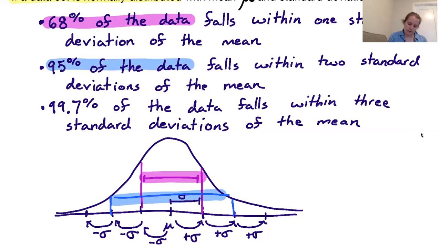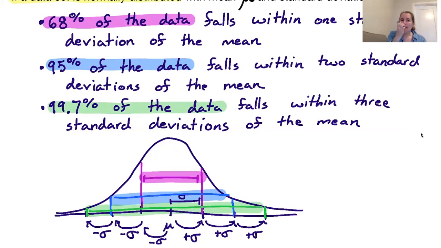And then if we go three hops down from the mean and three hops up, and look at that stretch. That region accounts for 99.7% of the data.